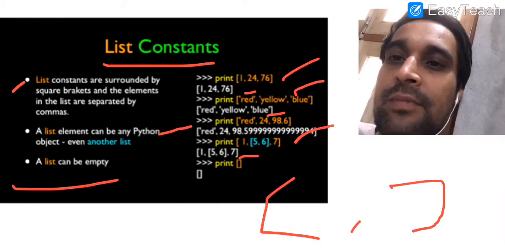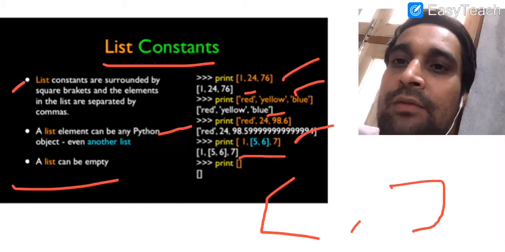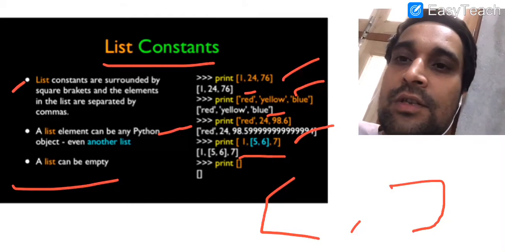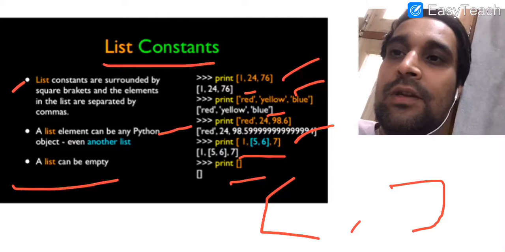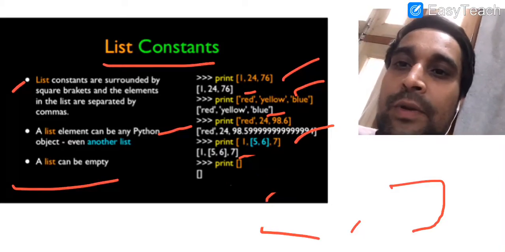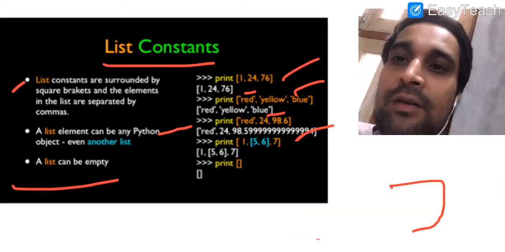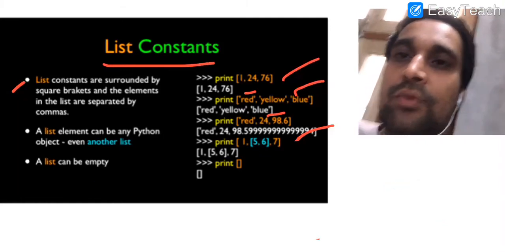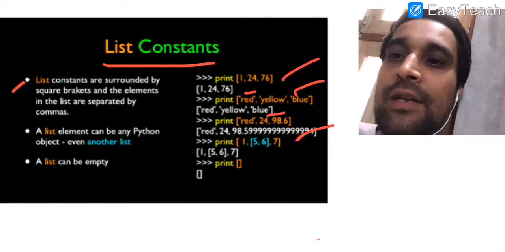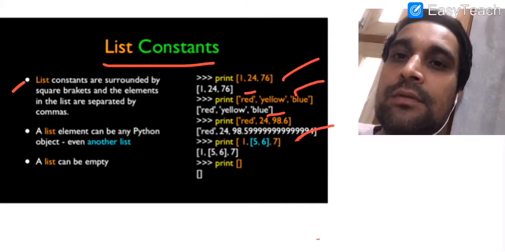Thereafter in this example, we have used a list within another list. This is known as nested list. And in our last example, we want to print a list without any element. It means the square brackets that we have used are empty here, so it is the concept of empty list, or it is the way to create an empty list in Python.